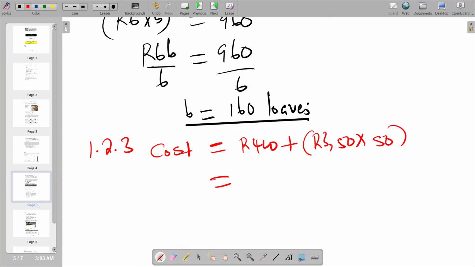And after getting that, you add 400. We're going to get it as 575. So we have 575, which is the total cost for 50 loaves. So that's what we have on that part.